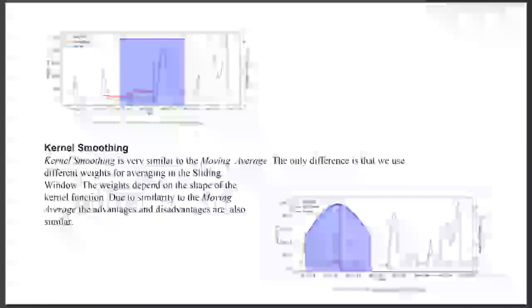So the kernel smoothing is similar to the moving average, and the only difference is the weights for averaging in the sliding window. Earlier we did not have weights in the sliding window, but when it comes to the kernel, we'll have some kind of weights. So just assume it when I say weights. For example, in linear regression in the previous class, there were weights for each and every input feature.